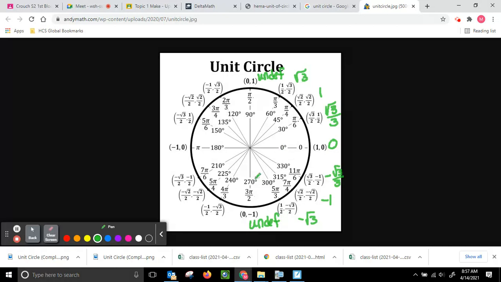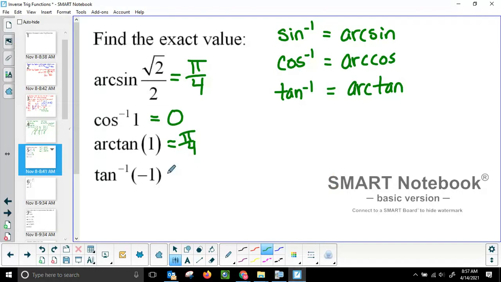Remember, when we're going down here, we have to call these negative angles. So this is negative pi over 6, this is negative pi over 4, negative pi over 3, negative pi over 2. So what would I call 7 pi over 4? Negative pi over 4. Yes. So this would equal negative pi over 4. And that's it.